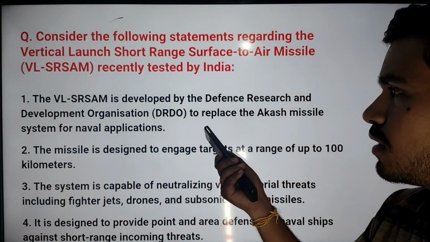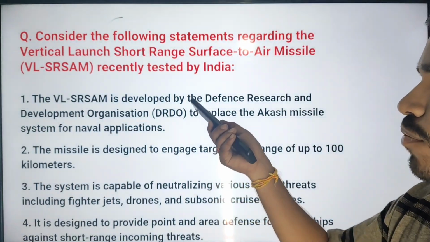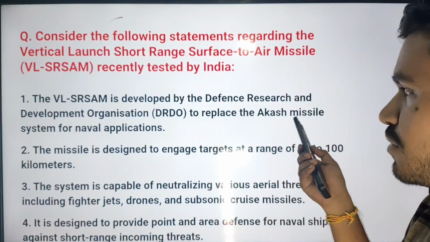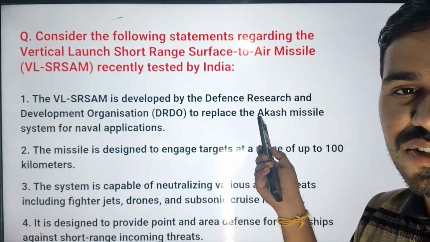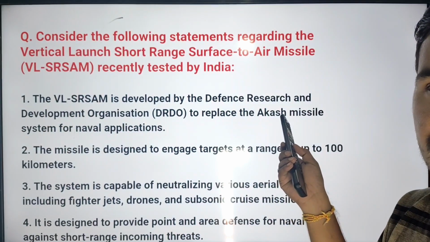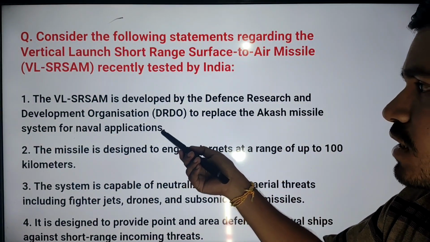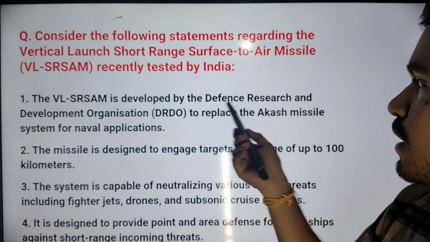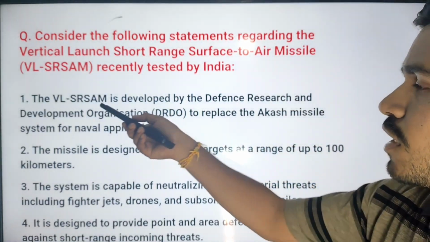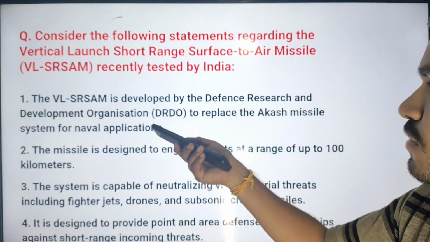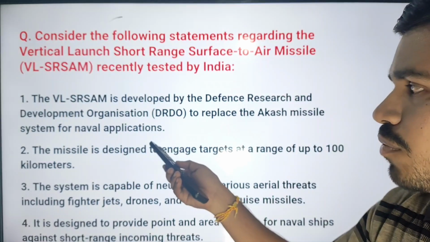If you see that one, first statement is correct. It is an updated version of Akash missiles, but Akash missiles are from land to air, while these are for naval applications. So VLSR-SAM is useful for naval applications.